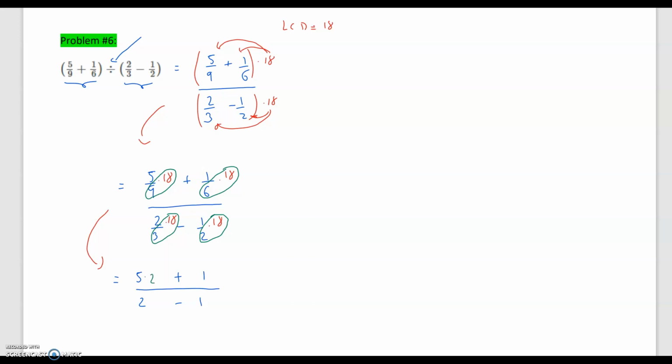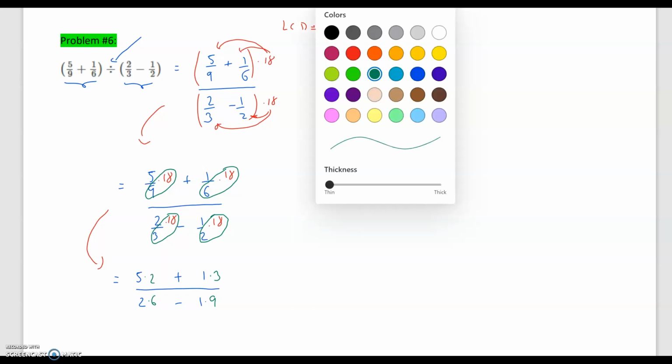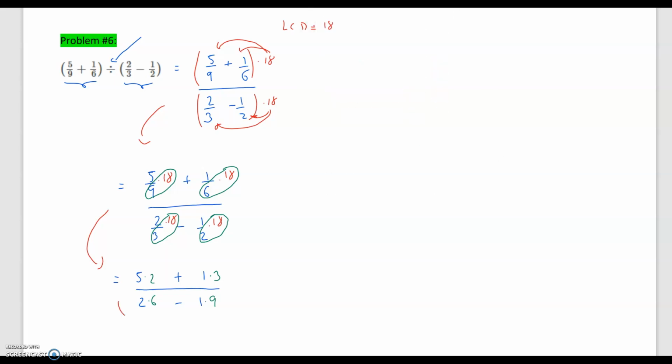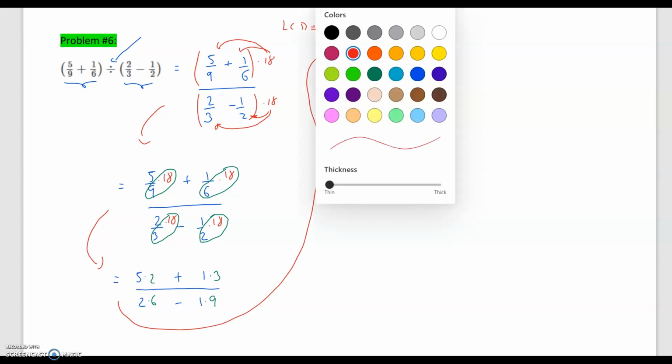That will be times 2. 18 divided by 6 is equal to 3. So times 3. 18 divided by 3 is equal to 6. And 18 divided by 2 is equal to 9. So I'm writing in green the resulting division of the multiplication of the LCD to each of the fractions.